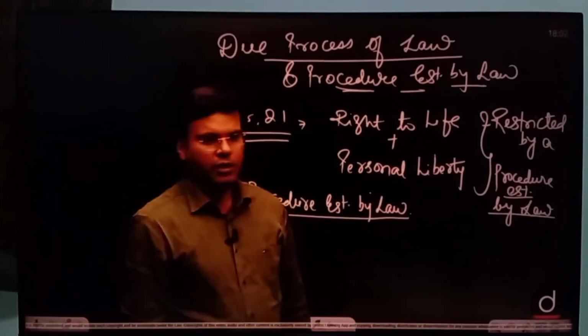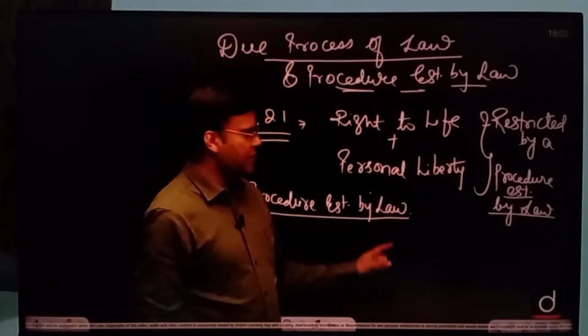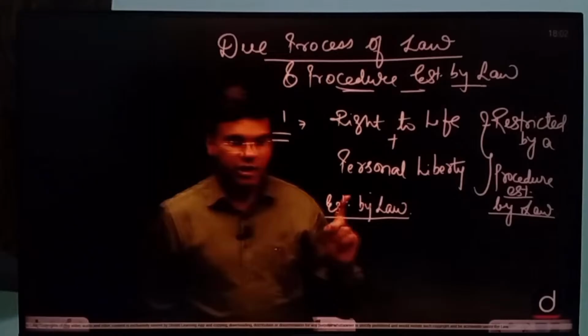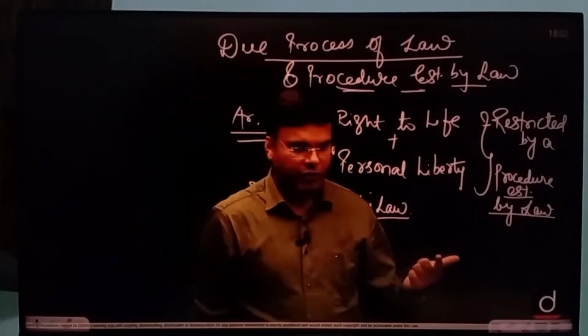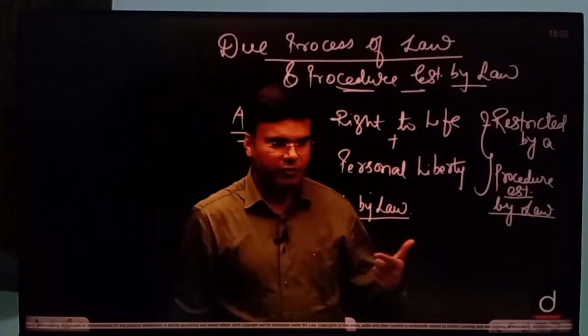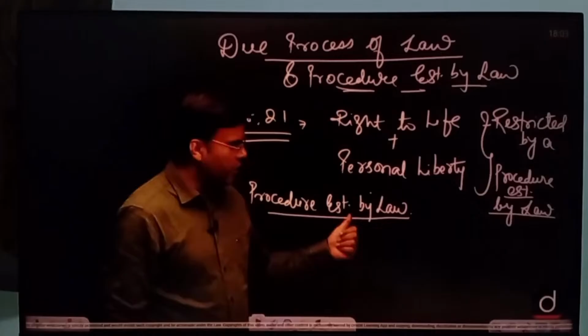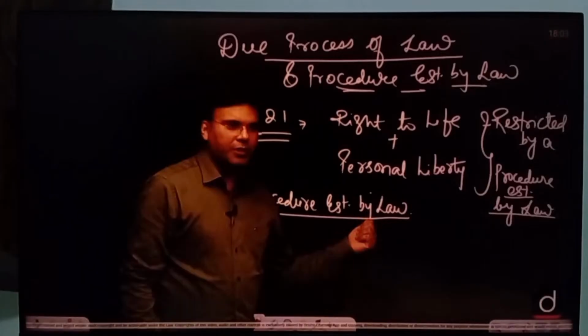Which country would use this principle of procedure established by law? Those countries which have parliamentary supremacy, which have an unwritten constitution. Those countries actually run by the principles of procedure established by law.